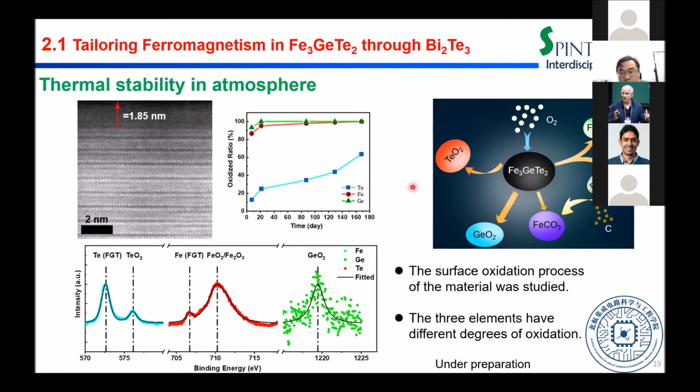After a very long time, germanium and tellurium will become this kind of oxide. And the iron is very interesting. It will change through different types of oxide, and finally, after a very long time, it will become iron oxide. It's a very interesting change in the air.